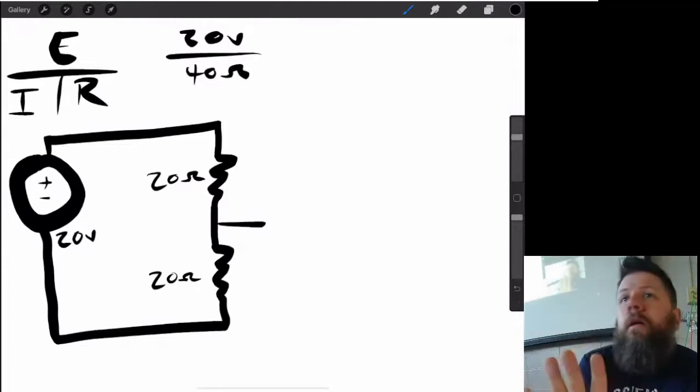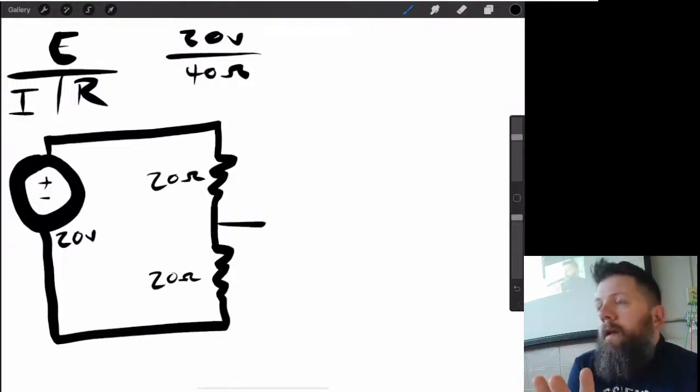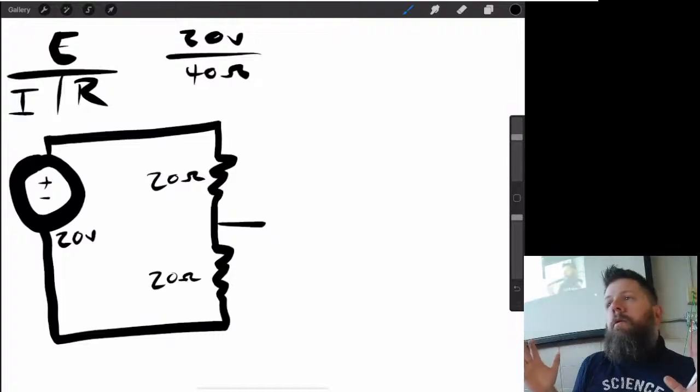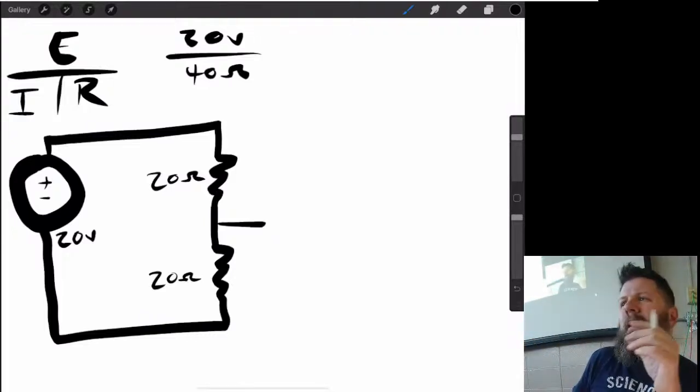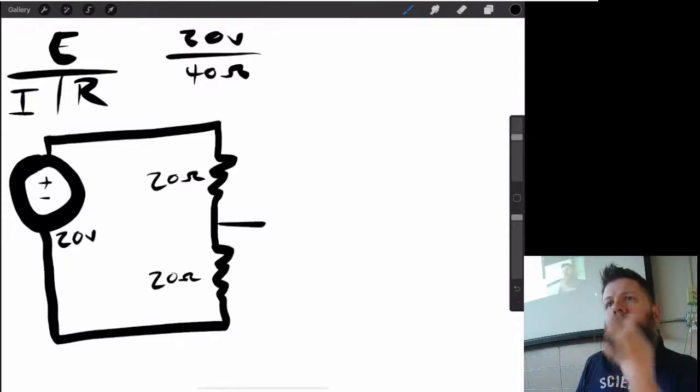It's not because I want to randomly count things off. It's because it's going to help you when you start getting big equations and you're looking for a current and then all of a sudden you give me a voltage. If you keep track of what you're dividing by, it'll help you. What's a volt divided by an ohm? A resistance, a current, right?